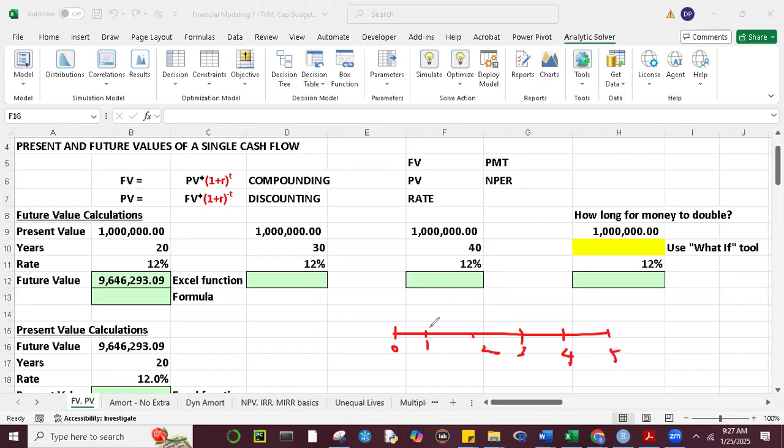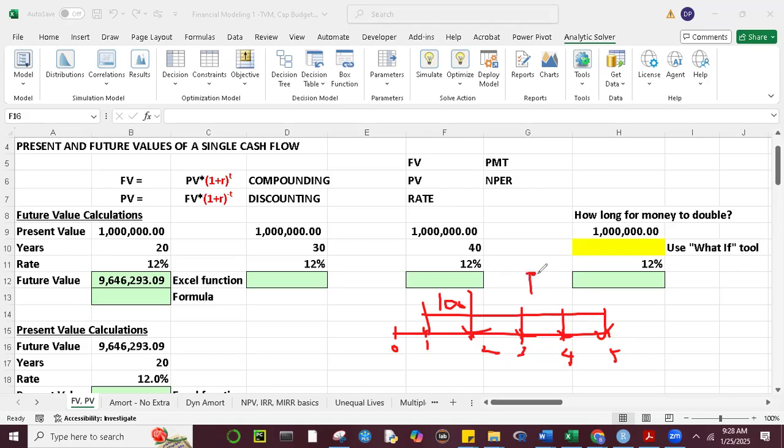When I say payment, one, two, three, four, five, for example, and all of these are constant. Let's say these are all 100 payments for 5 years: 100, 100, 100, 100, 100. So that's what is meant by PMT there.